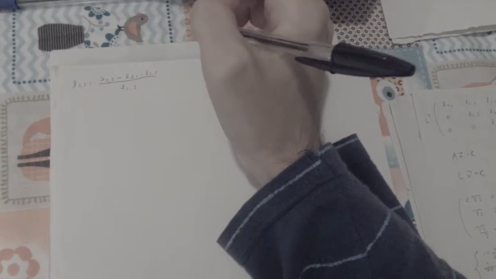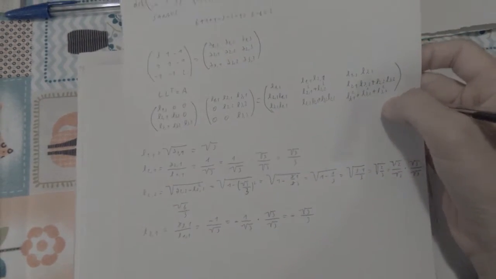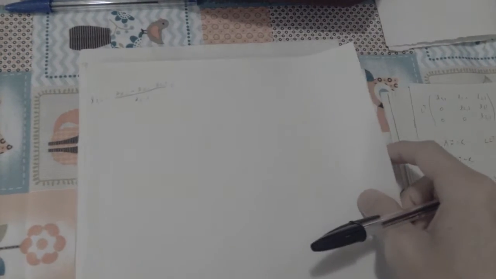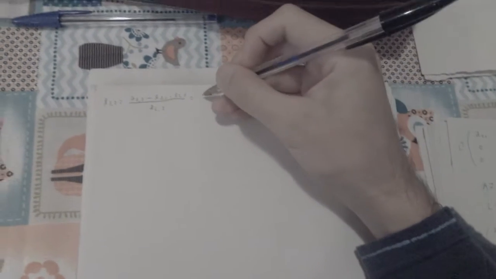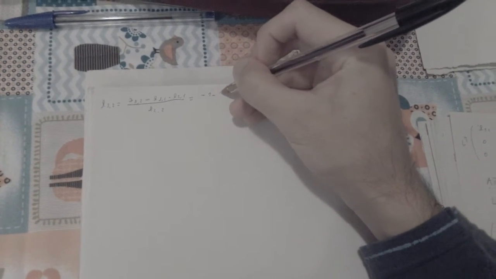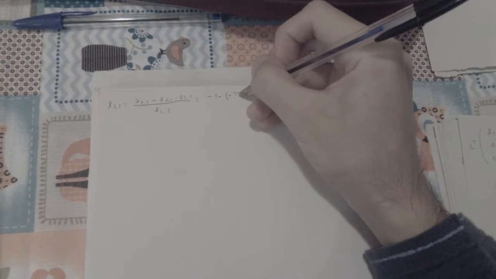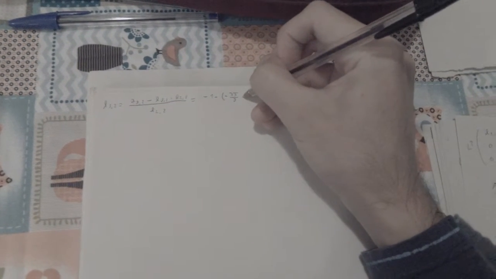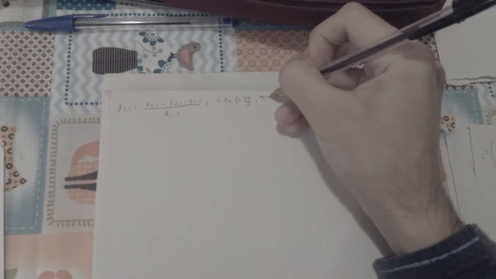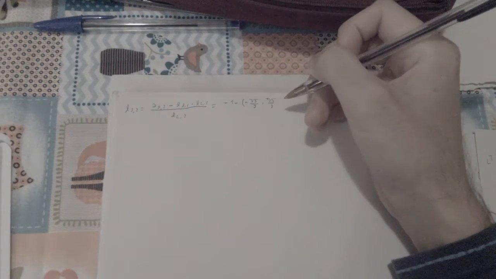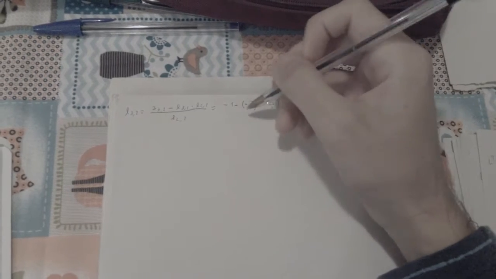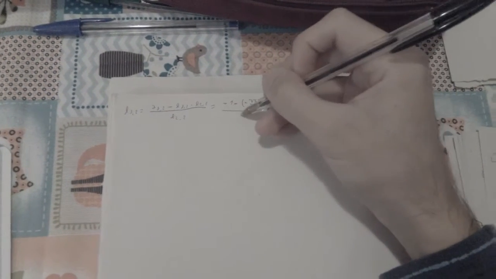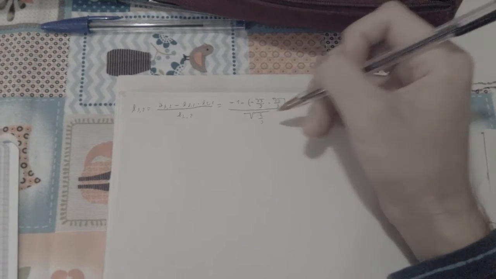L22, which is, there we go. So it's actually -1 minus negative square root of 3 over 3 times square root of 3 over 3, everything over the square root of 2 over 3.